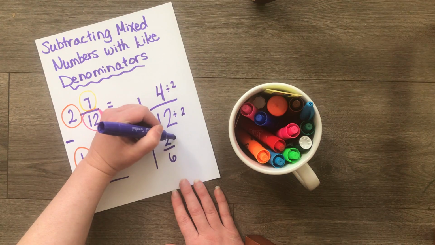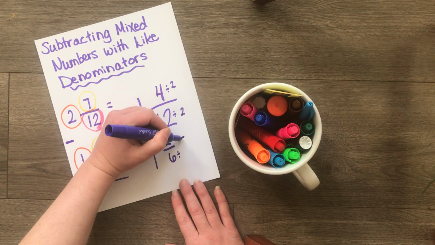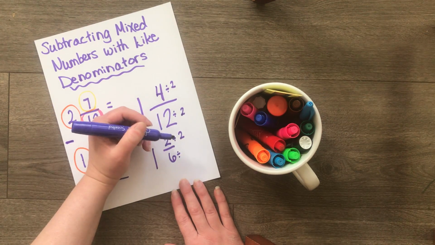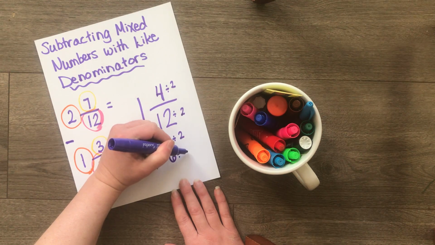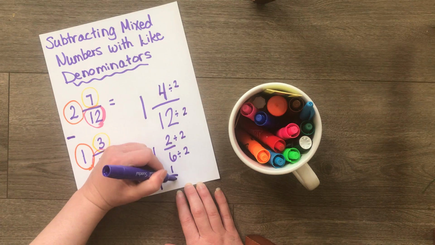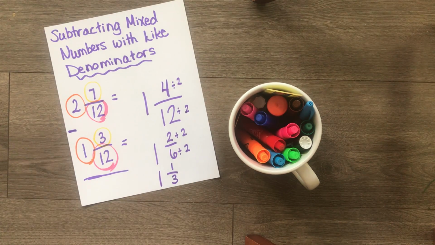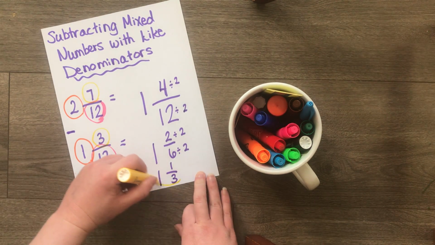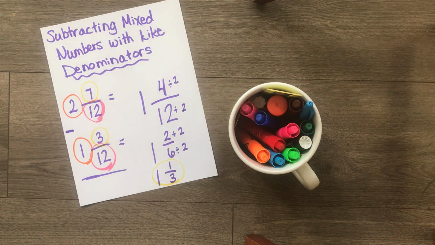Oh, but look at this. I can actually simplify it again. 2 divided by 2 is 1. 6 divided by 2 is 3. So 1 and 1/3 is the answer to my subtraction problem in its lowest terms.